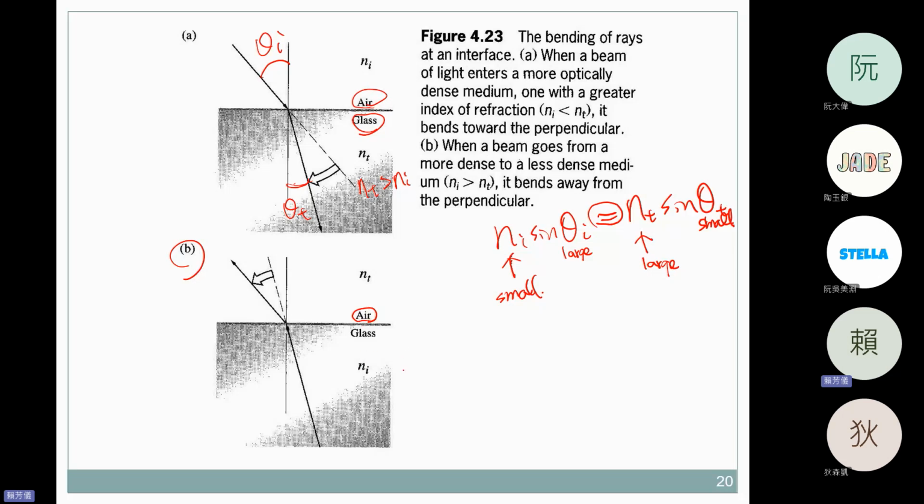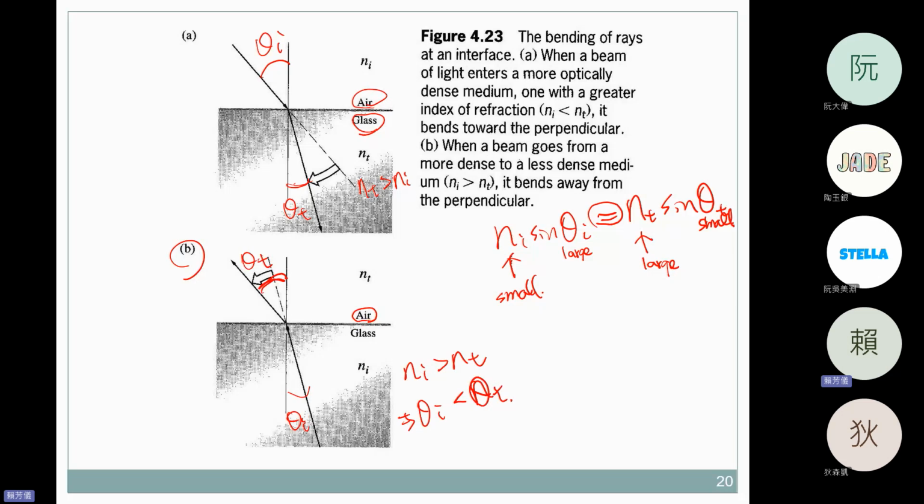So here you will see that Ni is larger than Nt, so you will have a larger transmitted angle, theta T larger than theta I. In other words, they say that light always bends toward the more dense material.